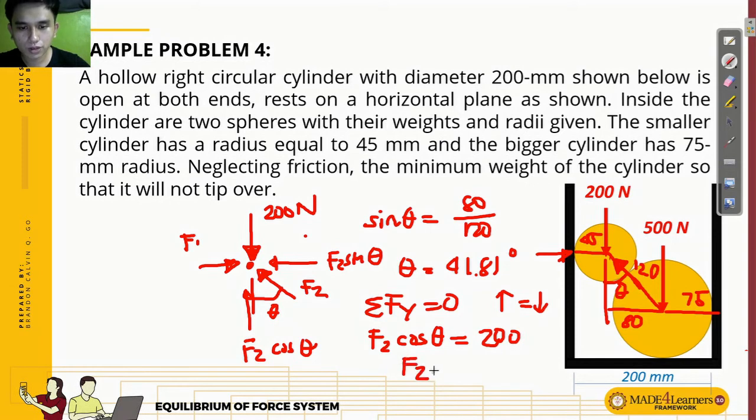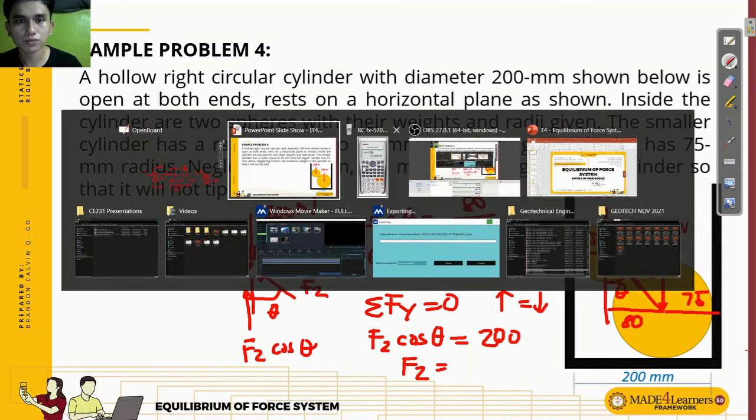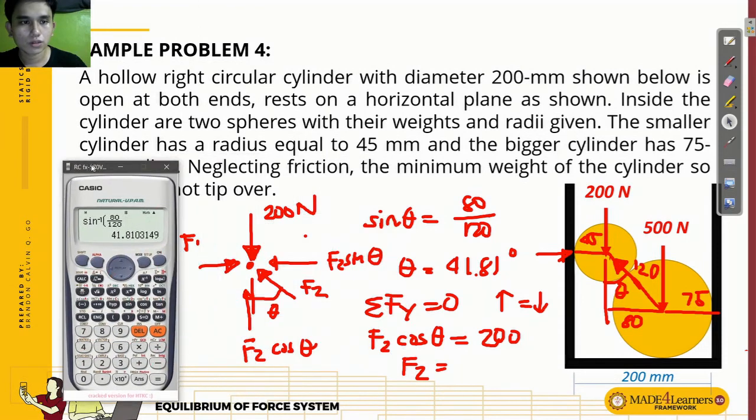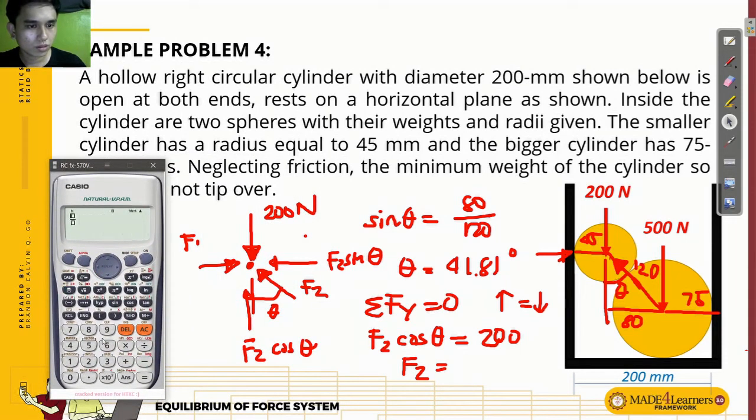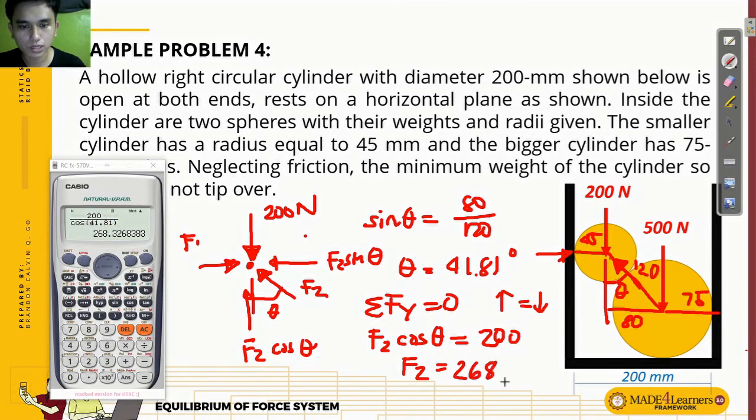So, therefore, F2 is equal to 200 over cosine theta. Cosine, ang theta na to, 41.81. Okay, so, ano siyang value? 268.33 Newton. Ngayon siya sa F2.